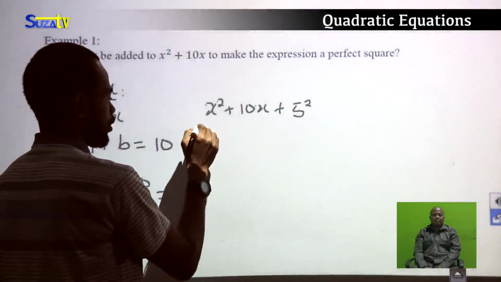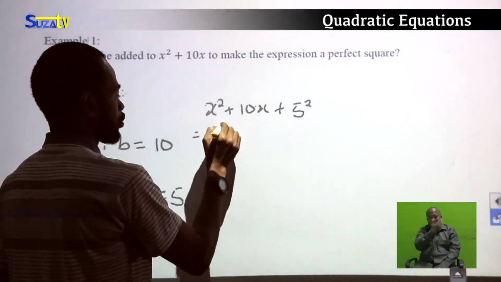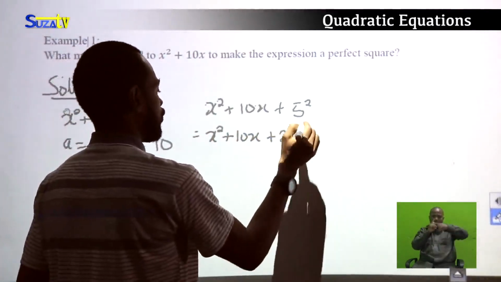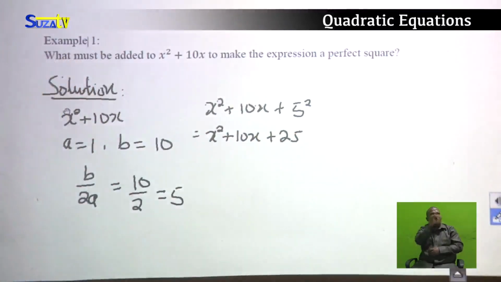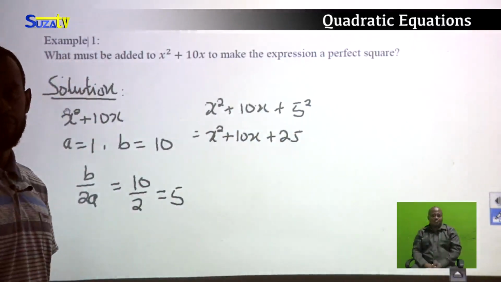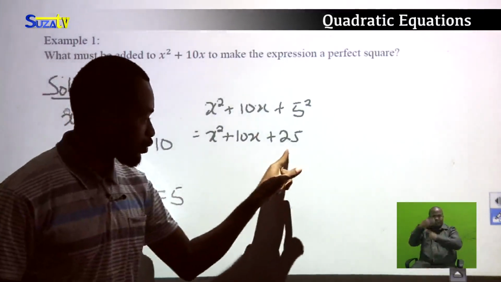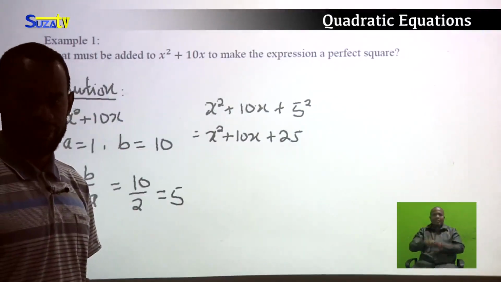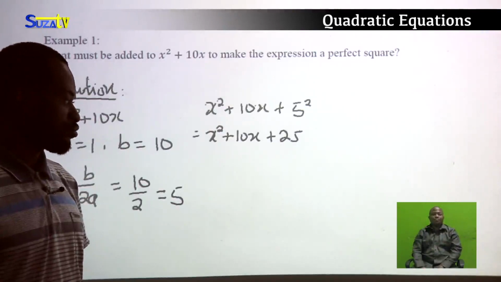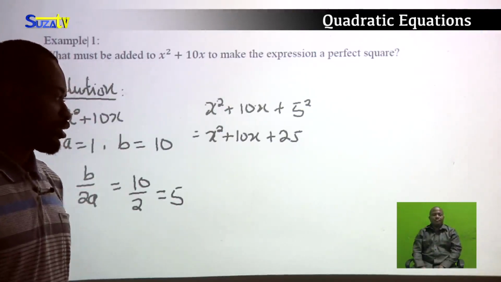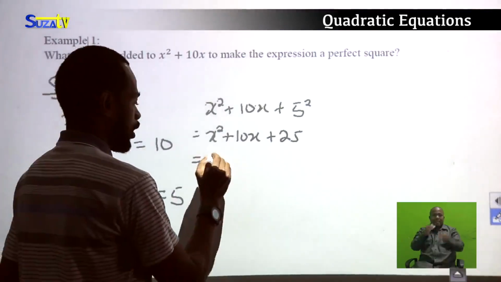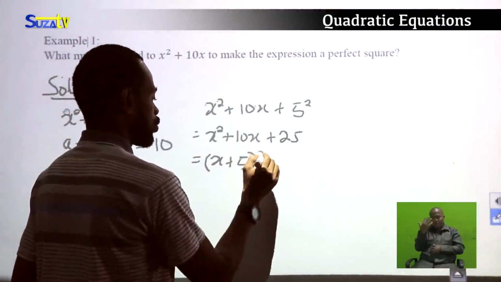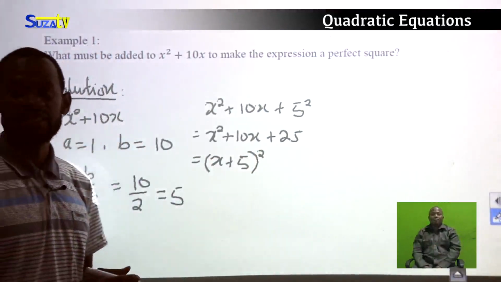And this is the same as x squared plus 10x plus 25. So now this expression is a perfect square. And this is the same as writing x plus 5, the whole thing squared. This is a perfect square.